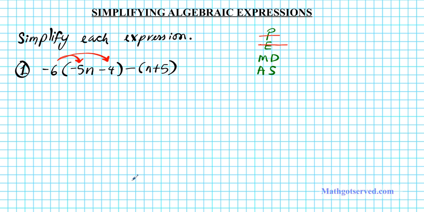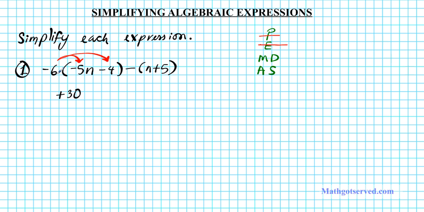Now when you're multiplying, remember that the sign goes with the sign, the number goes with the number, and the variable goes with the variable. Okay? So in this case, we have minus times minus is plus. Remember, anytime you're multiplying signs that are the same, you always have plus. 6 times 5 is 30. And then imagine there's an n to the 0 here.